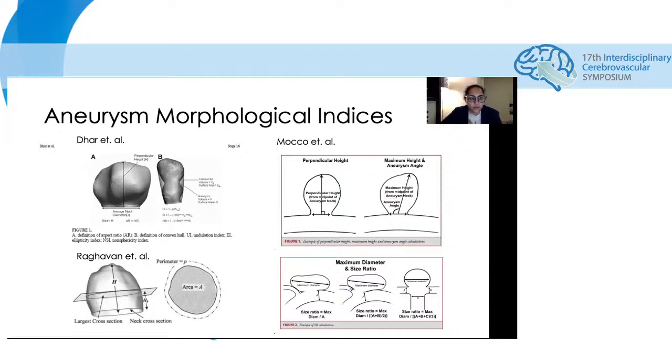So we're predicting that our growth comes from small dimensional changes in these morphological indices that create a larger change in aneurysm volume. We also want to generalize this method to fusiform aneurysms that don't have as well established a method for measurement and identifying growth.